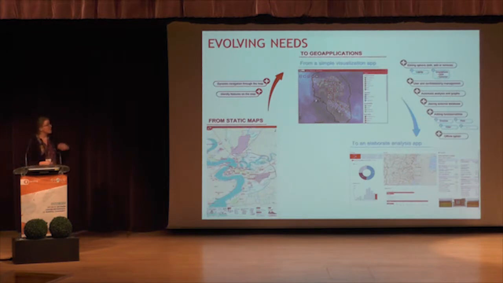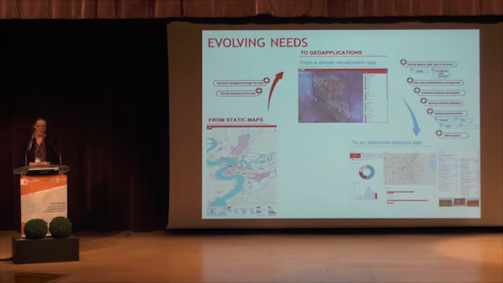Then more and more came the willingness of having simple visualization, having interaction with the map. So, a PDF has a lot of interesting elements, but I want to interact more and have more identified features in the field for monitoring purposes. And so visualization and geo applications are the first steps.